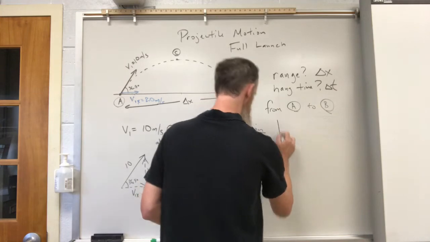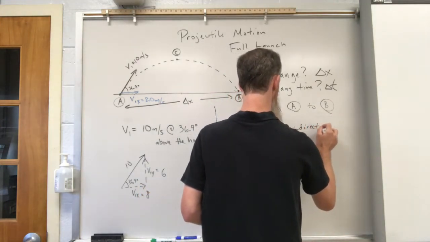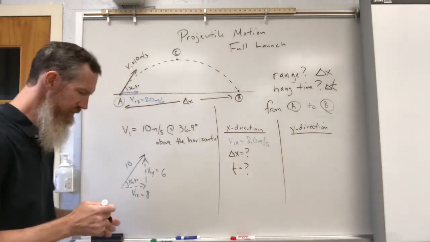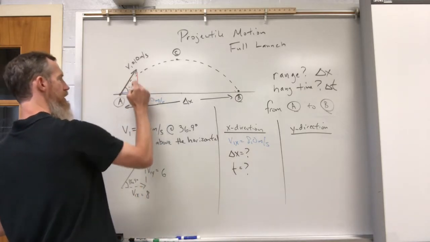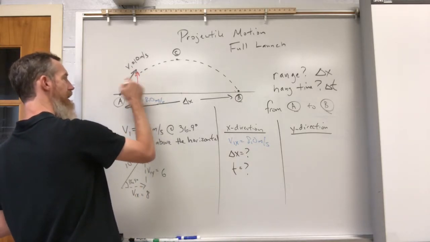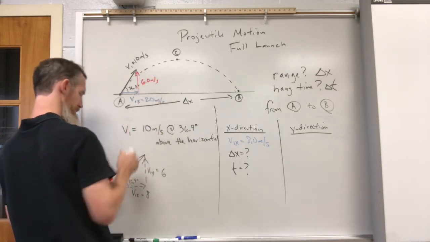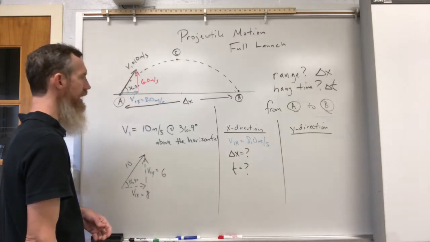In the y direction, I know a little bit more information, believe it or not. In the y direction, I know that at the very beginning of the launch, I'm moving at 6.0 meters a second upward. And that's going to help me.